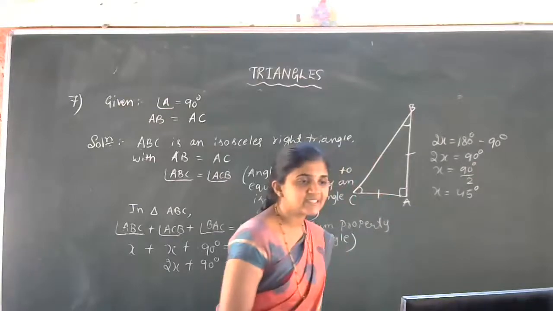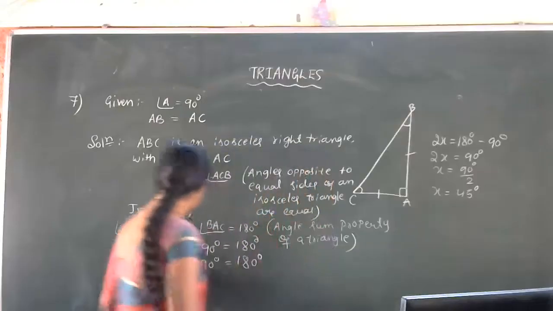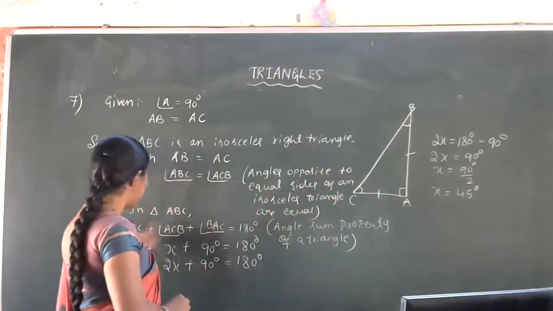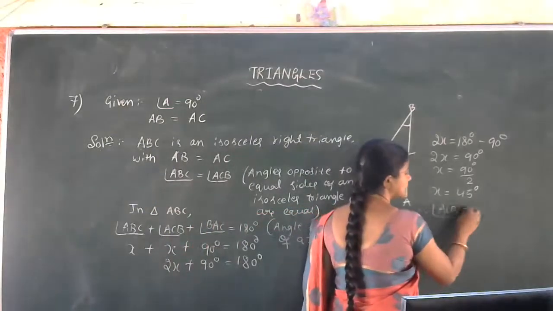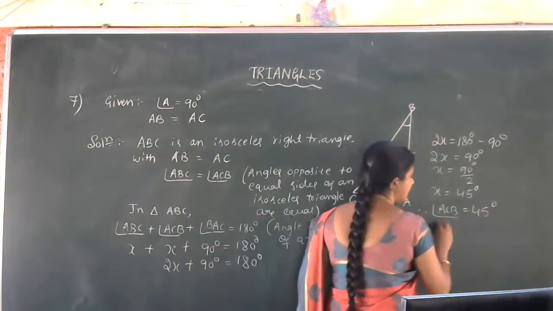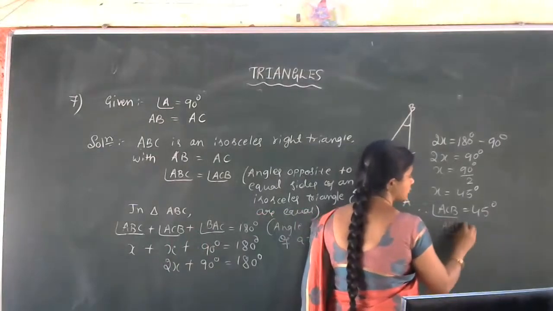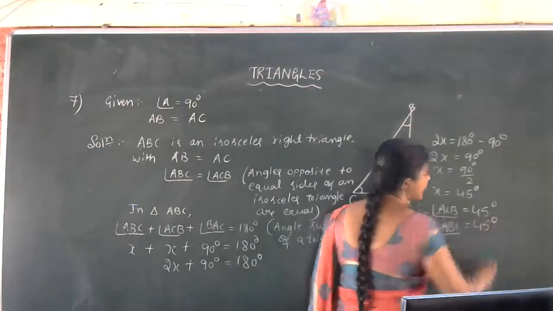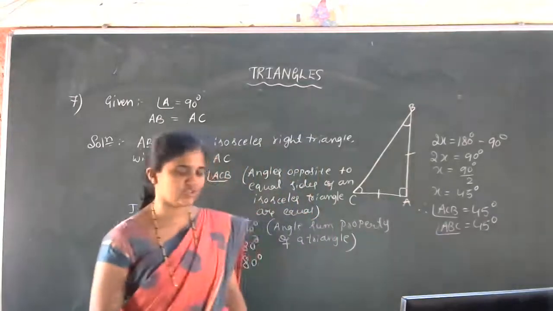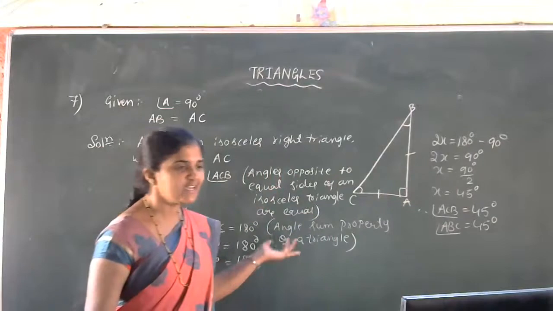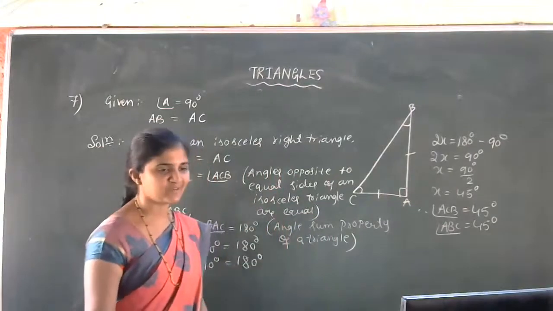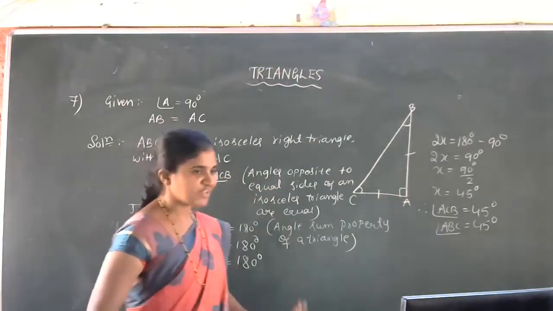Now if AB is equal to AC, what concept do we have actually? Angle B is equal to angle C, no? Yes, angles opposite to equal sides of an isosceles triangle are equal. If AB is equal to AC, then angle ABC is equal to angle ACB. The two angles are also equal, no? Opposite angles.